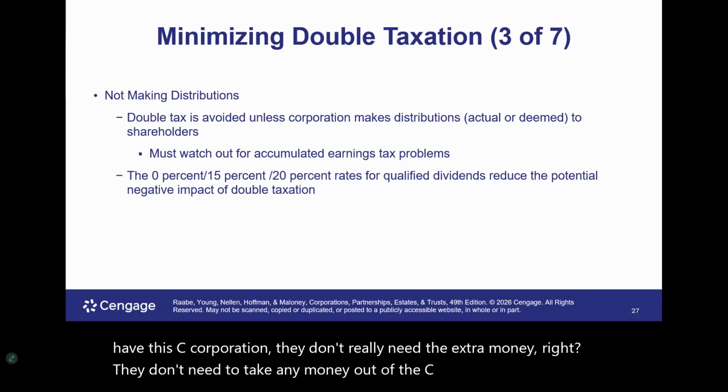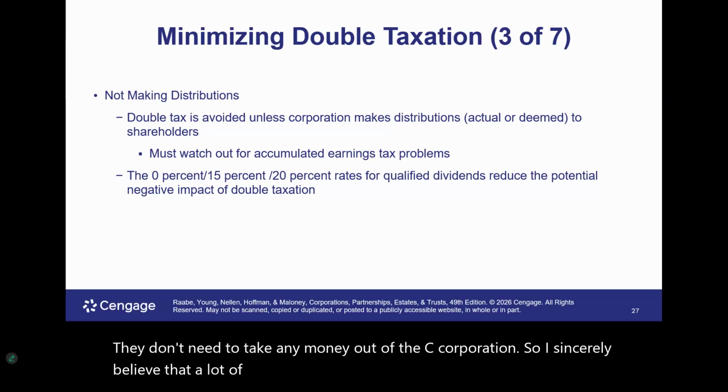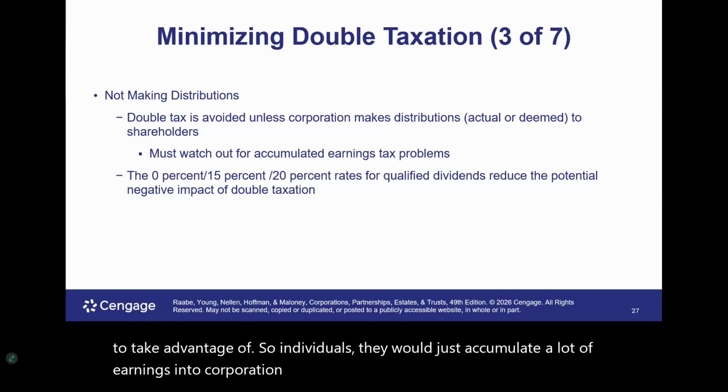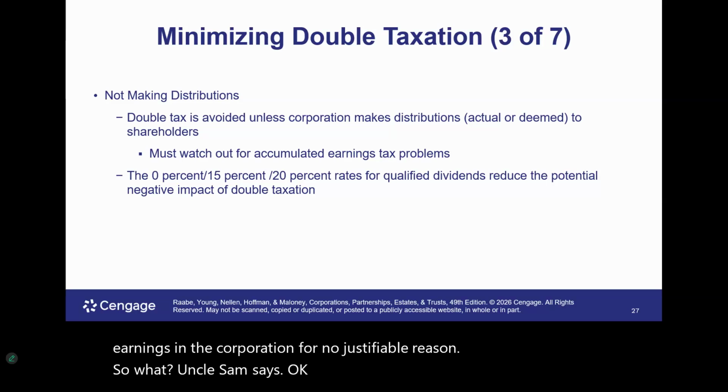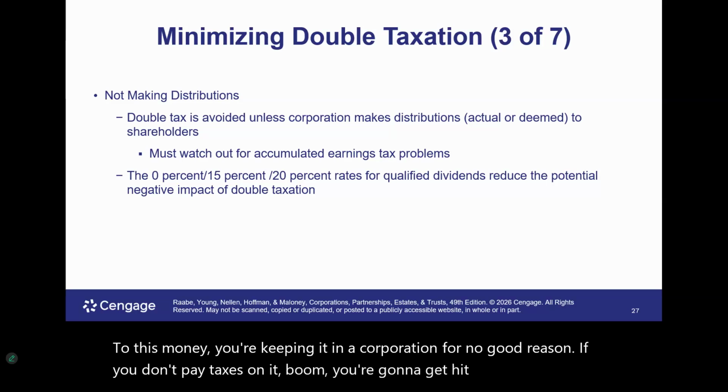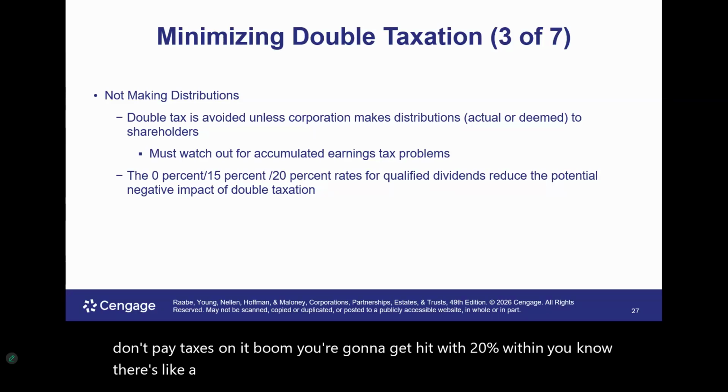I sincerely believe that a lot of tax laws exist because of tax loopholes that people try to take advantage of. So individuals would just accumulate a lot of earnings in the corporation for no justifiable reason. So what Uncle Sam says is, okay, you're holding on to this money, keeping it in the corporation for no good reason. If you don't pay taxes on it, boom, you're going to get hit with 20%. There's a minimum, I believe the amount is 250,000.